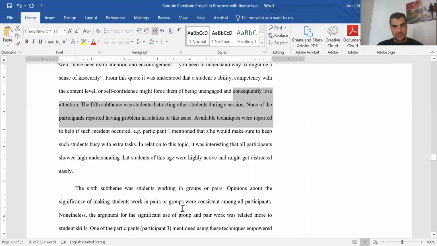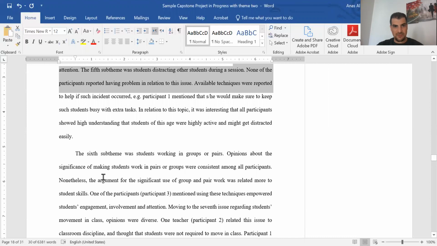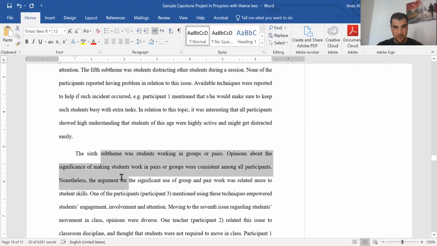As I mentioned, the sixth theme was students working in groups and pairs. Opinions about the significance of attention were consistent among all participants. So this is another important opinion. Students working in groups. So work in groups is important.